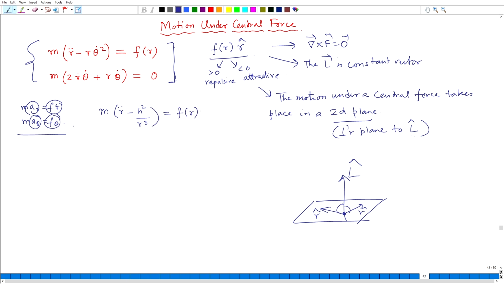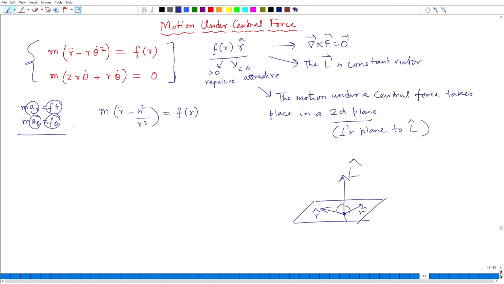Now, at this point I want to mention again a point of caution. It is true that when the motion is taking place under a central force, the motion is confined in a plane, and under that condition, with this specific structure of the force, the cross radial acceleration is equal to 0.